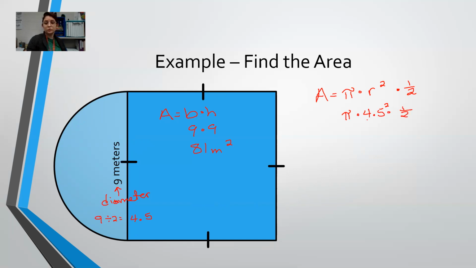This is a little bit more complex number-wise, but that's why we have our trusty calculators. So 4.5 squared gives us 20.25. We're going to use 3.14 for pi. And I'm going to change my 1/2 into 0.5 so that I'm working with only decimals.